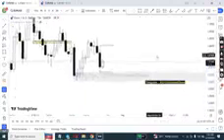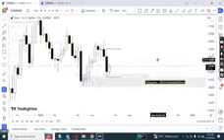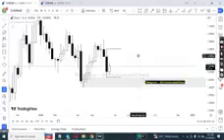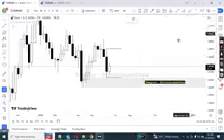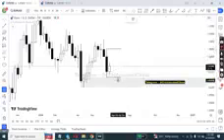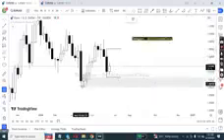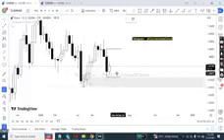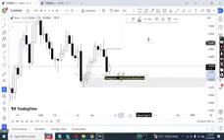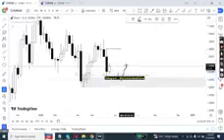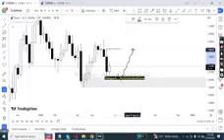Now the way we're going to expect this CRT to be an actual CRT is if we expect price to come down lower, test this monthly higher time frame discount rejection block here, and take out this CRT low, and then we can have a reaction from here, and this reaction can be either till the 50% of the CRT, and then the opposing end of the CRT.